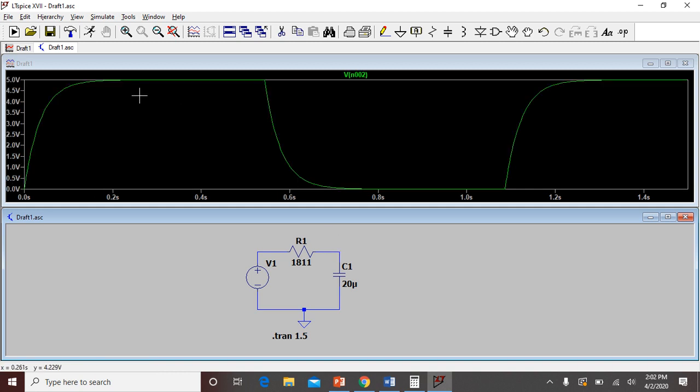Now we have seen that at this particular time my capacitor has got fully charged, but it continues at this state. Why? Because it is still getting supply from the power supply. Once T on is complete, it will start discharging, and after it has fully discharged, it will continue at this state because there is no supply from the power supply.